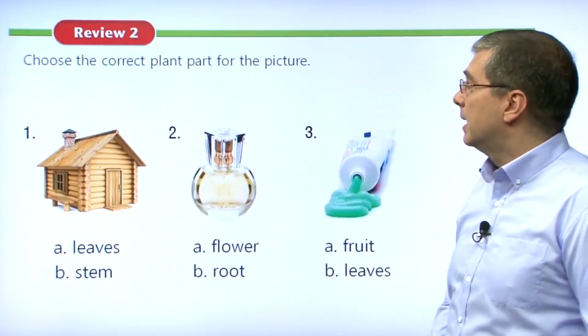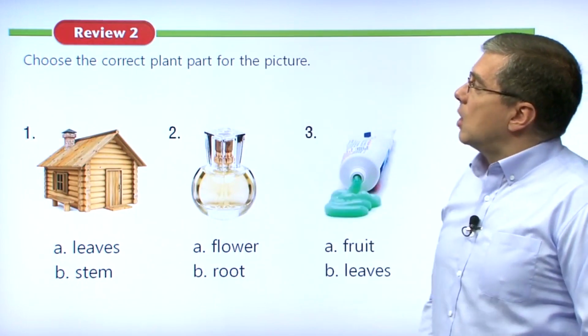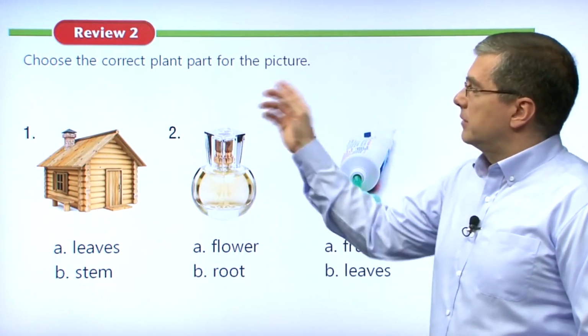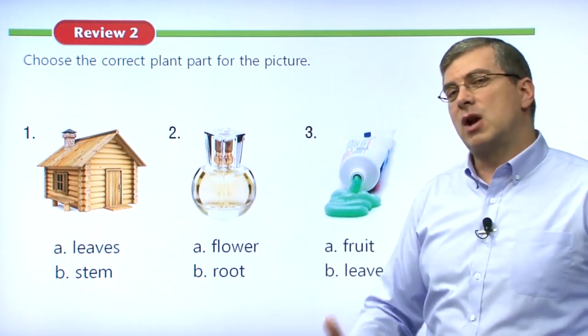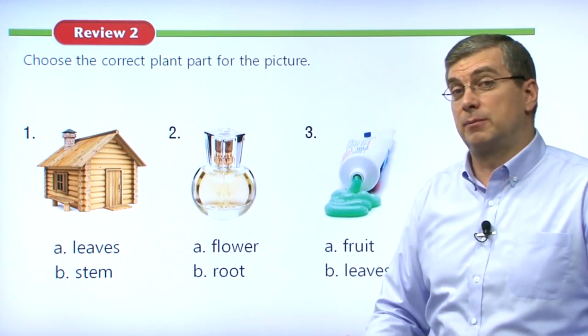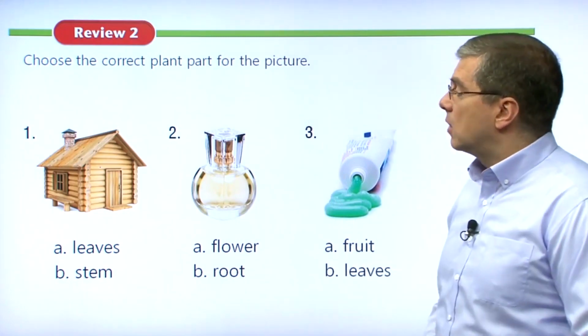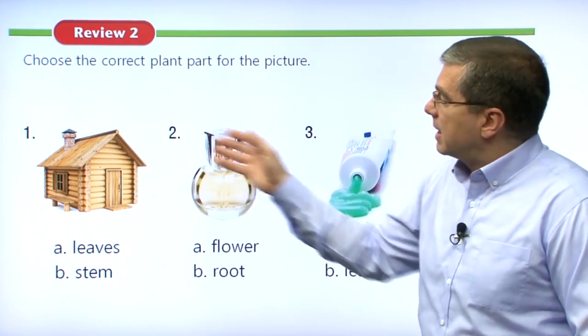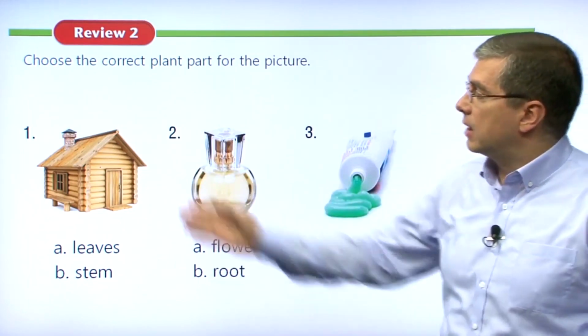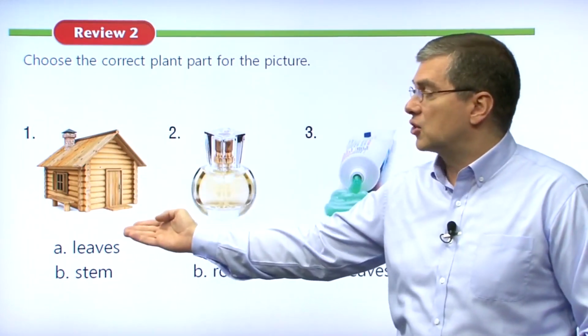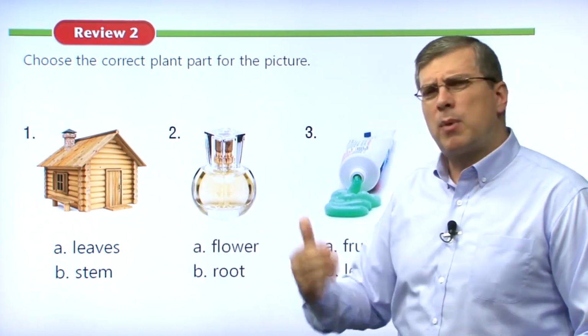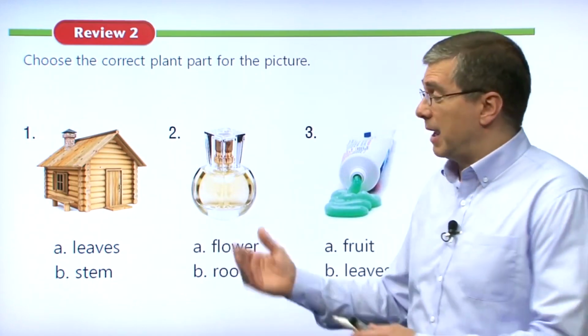Okay, so let's review here. Which is the correct plant part for the picture? We just covered how we use different parts of the plant for different things. Over here, the first picture, we have a picture of a house. What part of the plant do we use to make a house?